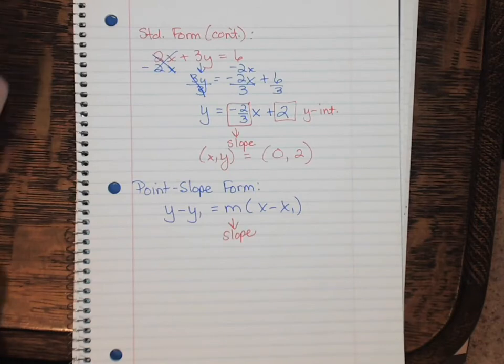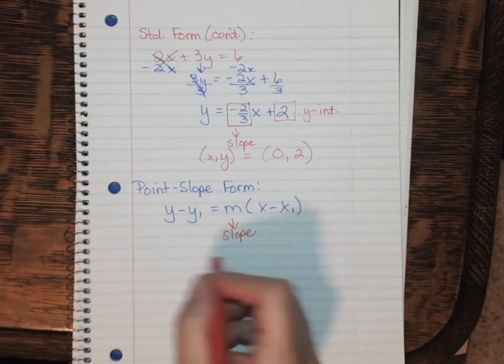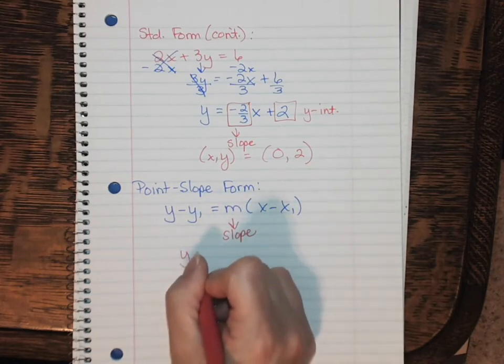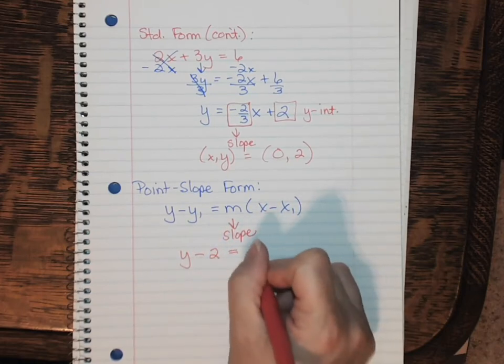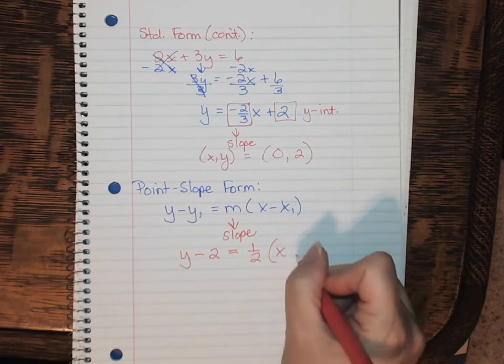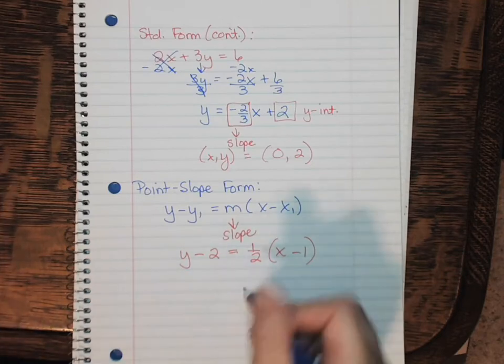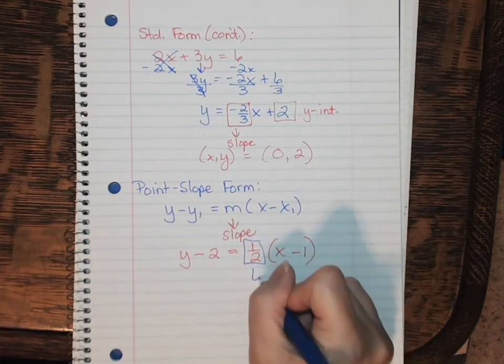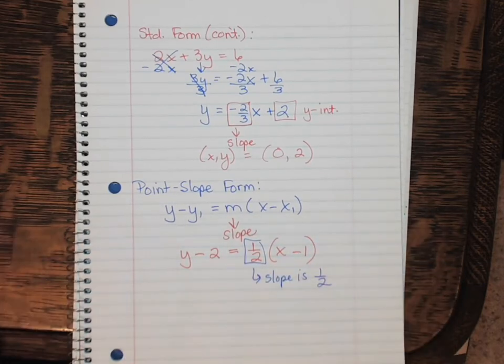All right, so let's say you are given this problem as an example: y minus 2 equals 1/2 times x minus 1. Your slope then is 1/2.